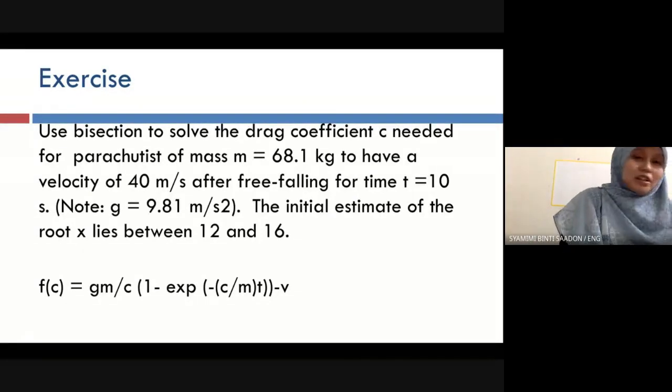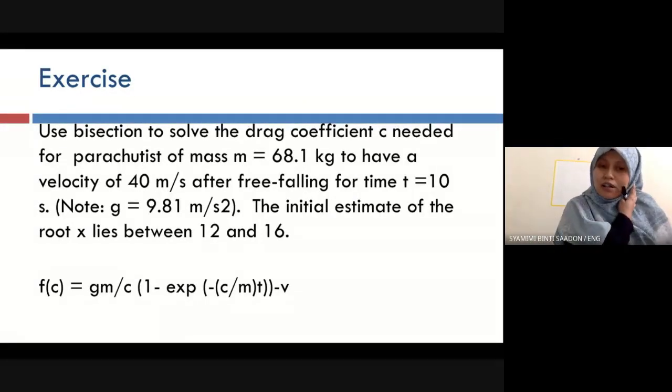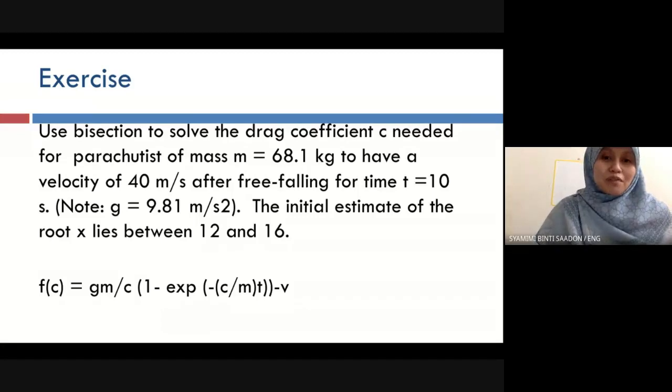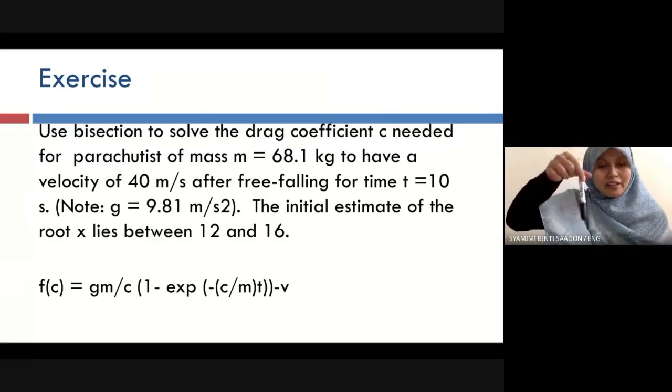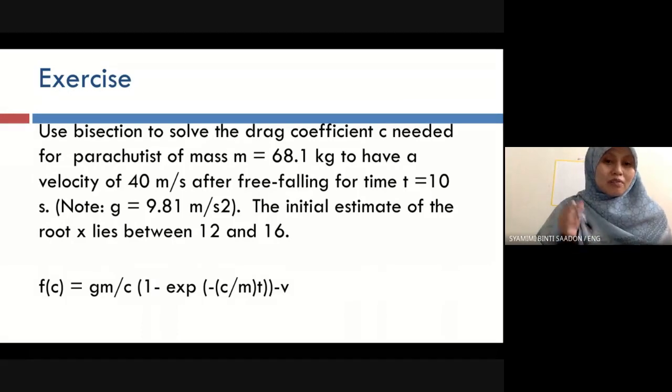The first one, use bisection to solve the drag coefficient C needed for a parachutist of mass 68.1 kilograms to have a velocity of 40 meters per second after free falling for a time t equals 10 seconds. The gravity is 9.81.